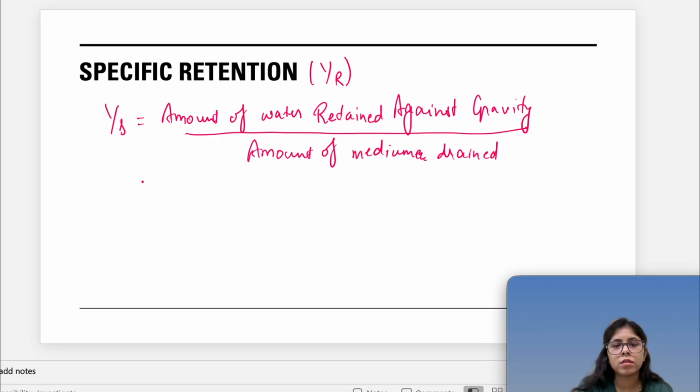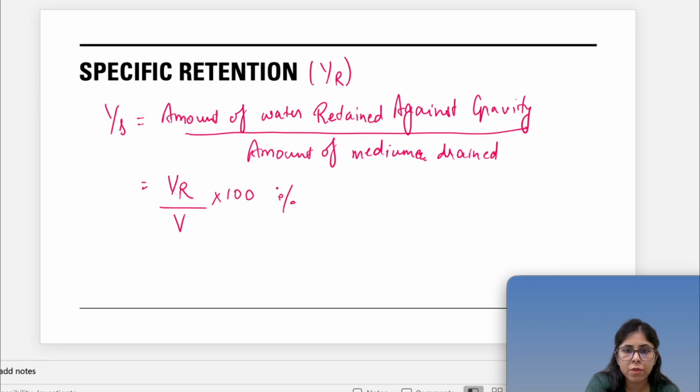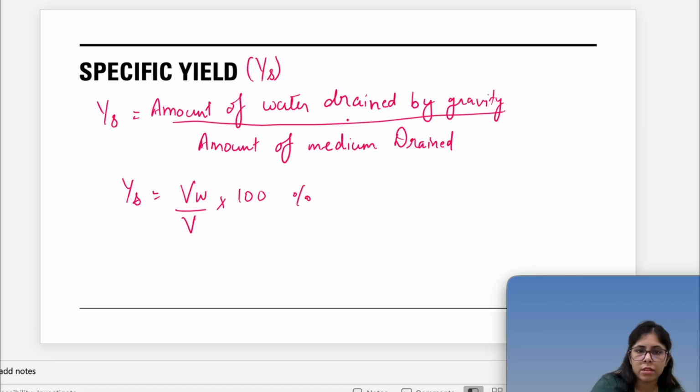The volume which was retained we can denote by Vr, and the total volume is V. If we multiply by 100, we get it as a percentage. So this is specific retention, Yr. And the water drained, let's say, is Vd.